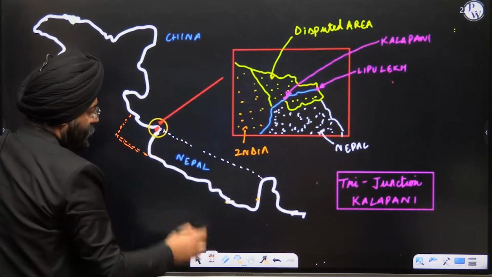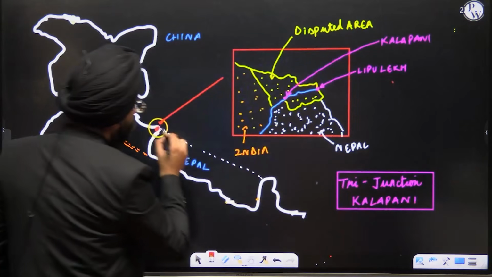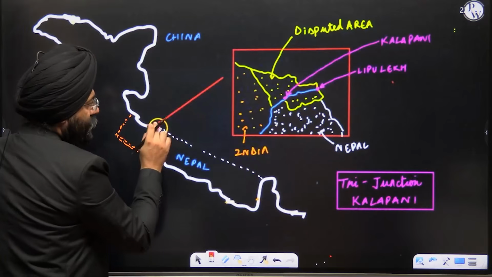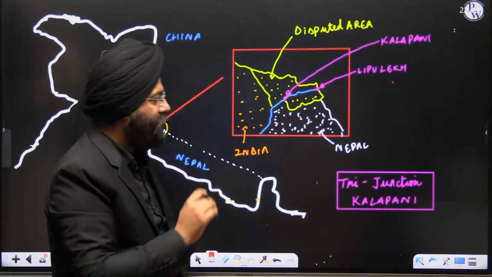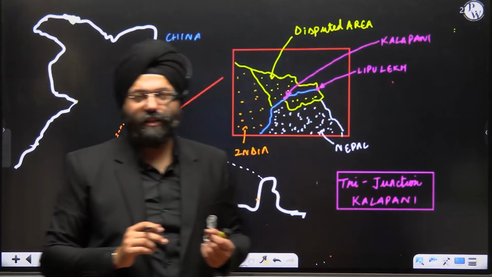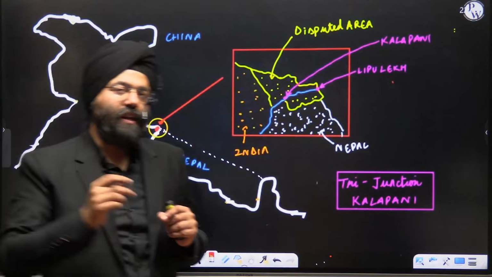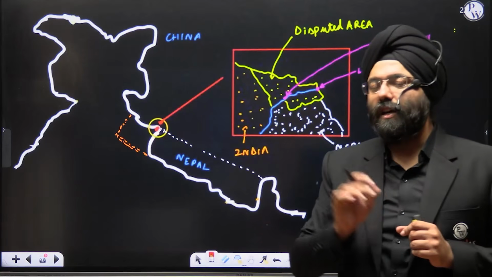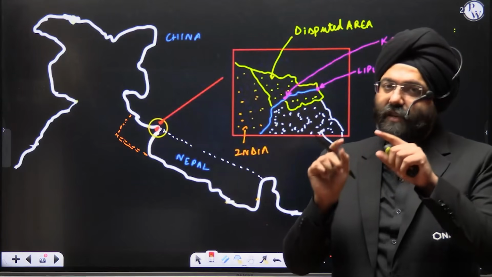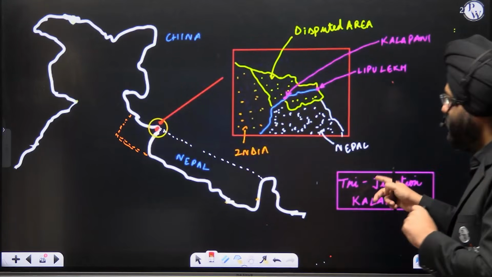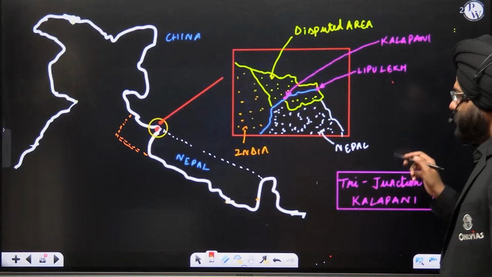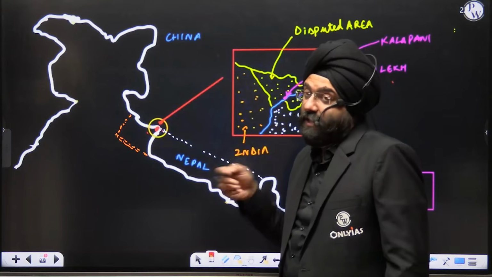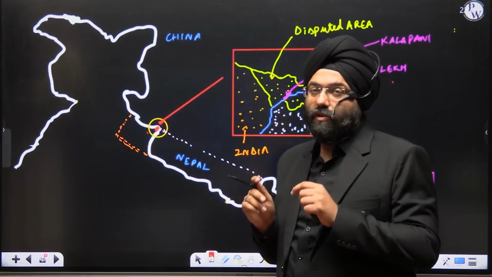Now there is a particular region over here, the extreme point of the state of Uttarakhand. It is the tri-junction, which is the Kalapani region. This is very important because this point shares an intersection with China as well as Nepal and India. So it is a tri-junction. Why? Because this is India, this is Nepal, and this is China. That is why it becomes very problematic also. So the problem should be resolved.